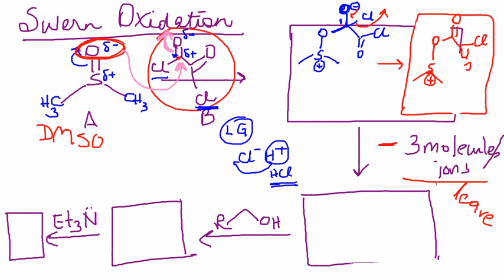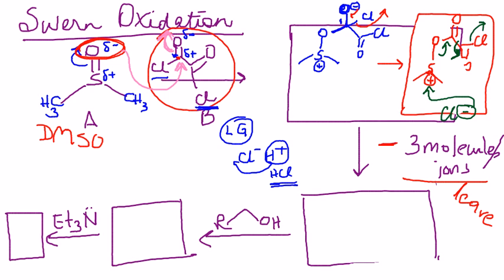So what can happen next? Let's take a look. Your Cl negative, which had left, is going to come back in. It's going to attack the positive charge. These electrons, which are between oxygen and sulfur, are now going to move between oxygen and carbon. That should break the bond between carbon and carbon, and when that happens, one of the Cl's will leave.